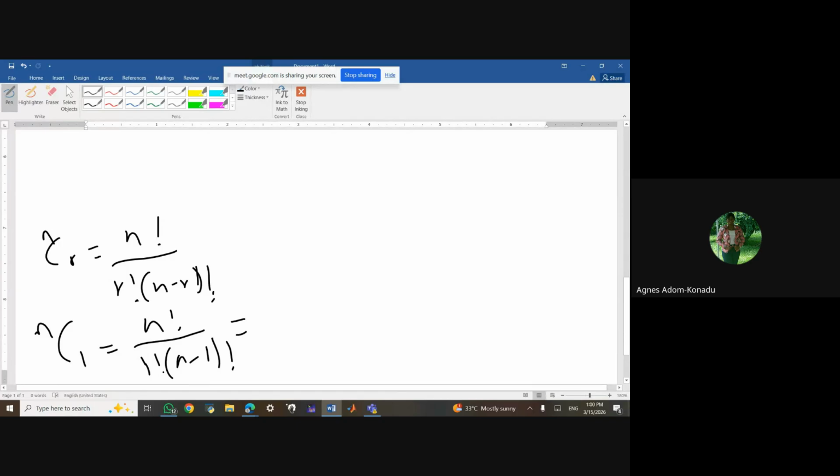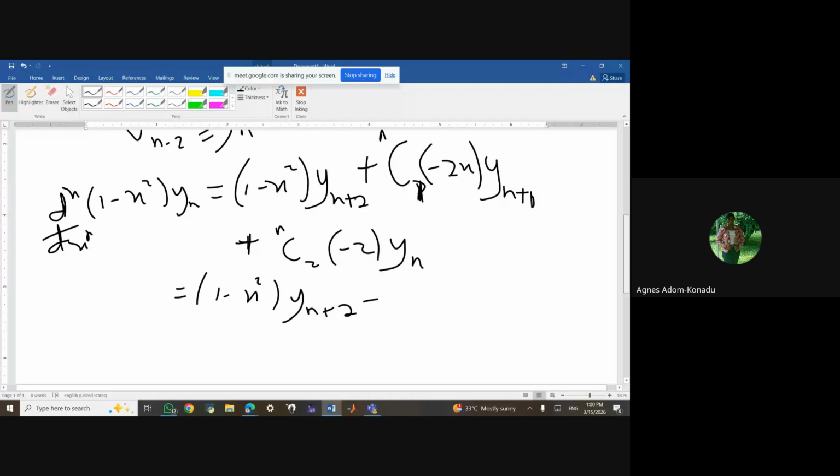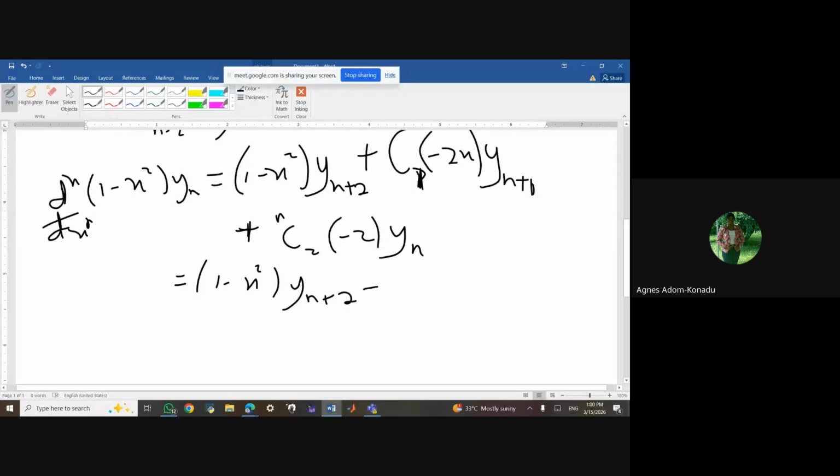My n factorial is the same as n times (n - 1) factorial, divided by 1 factorial times (n - 1) factorial. The (n - 1) factorial cancels, and I'll be left with n over 1, which is n. So n combination 1 is n times (-2x) times y_{n+1}.